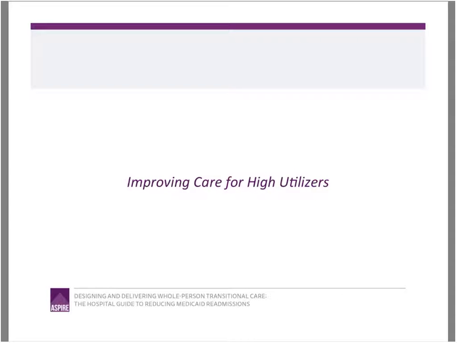As we move into improving care for high utilizers, those distinctions get a little blurred, most notably because the time horizon of service for high utilizers is probably a little bit longer, in some cases quite a bit longer than 30 days.